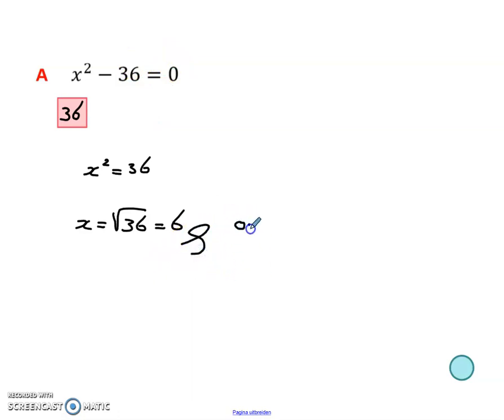But there's also a second possibility. There's another number. When you square it, the solution is 36. And that is minus 6, because minus 6 times minus 6 is also 36. So again, you see there are two solutions.